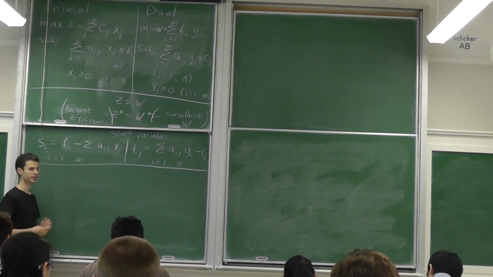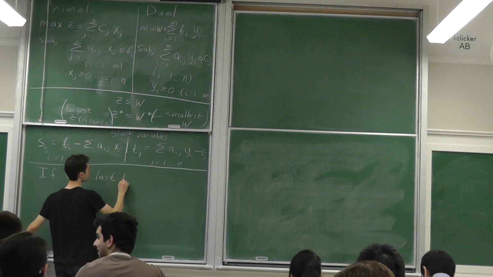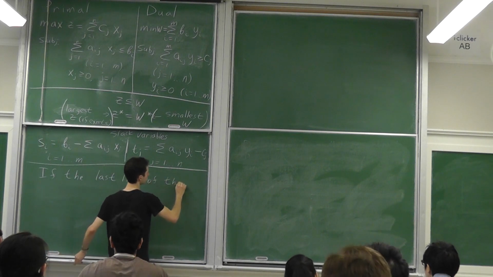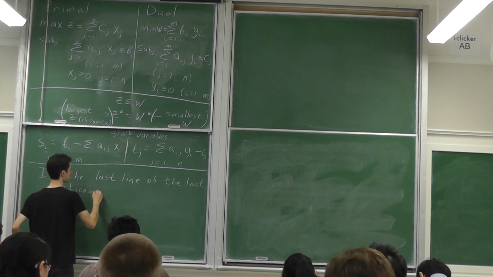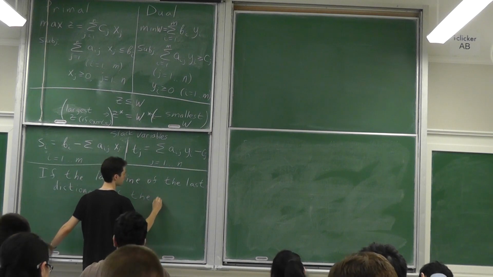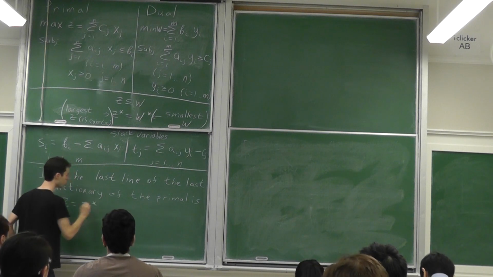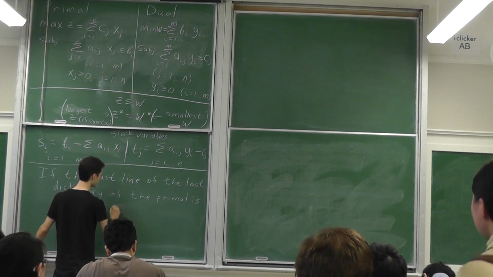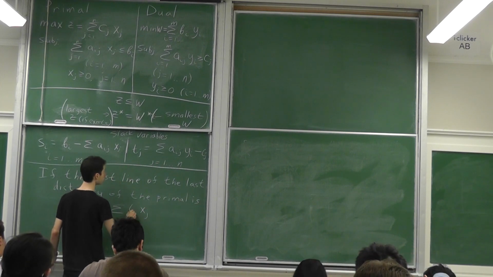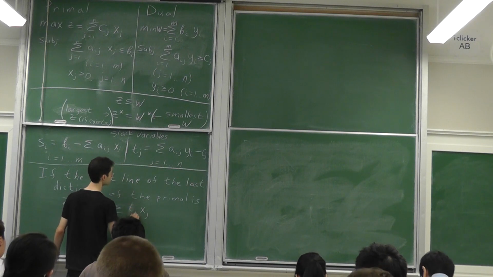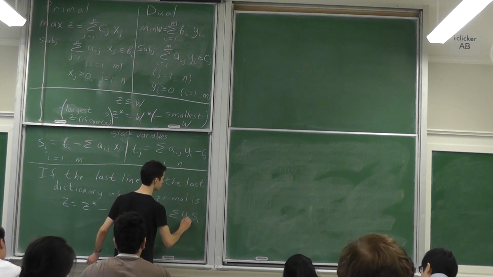Okay, and now I can say what I wanted to say. If the last line of the last dictionary of the primal is Z is the optimal solution minus the sum of x_j's with some coefficients which we'll call c_j bar, and minus the sum of the slack variables s_i with some coefficients which we'll call y_i bar.